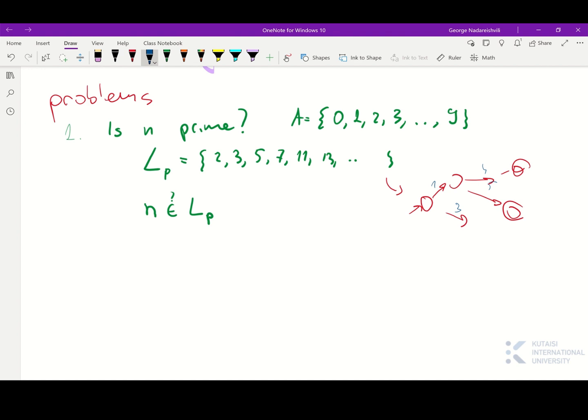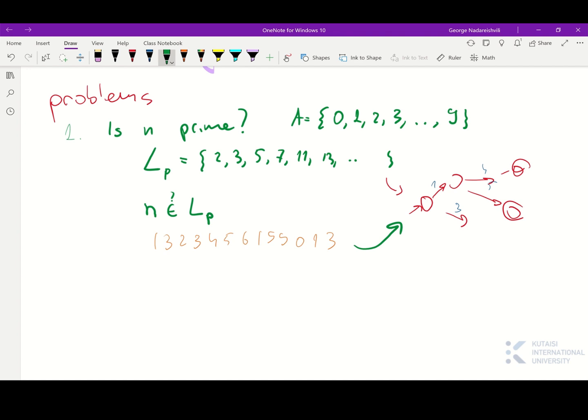And how do you determine whether your string, let's say a very large one like 2, 4, 3, is a prime number? You just input it into your DFA and follow it, and if it goes to an accepting state, it's prime.